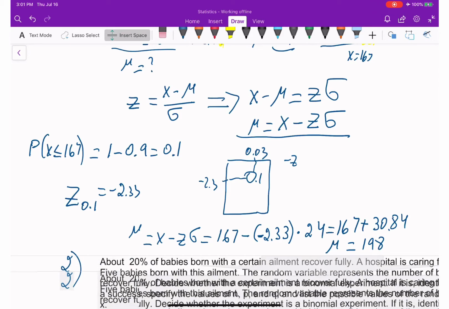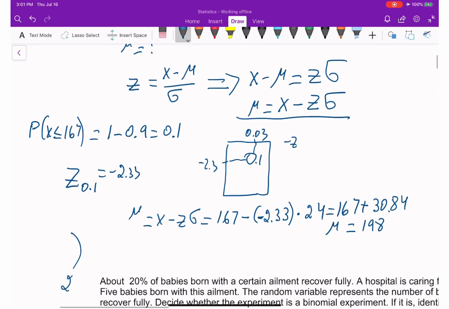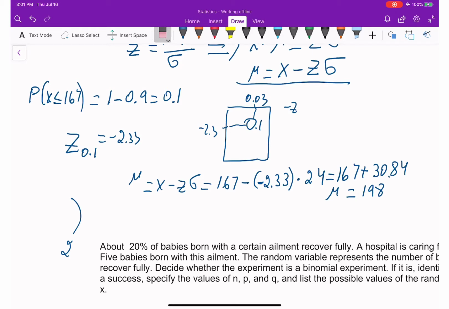Let me move a little bit down, this is getting too crowded. So mu is equal to 223. We solved the problem. We needed to find mu. Next one.